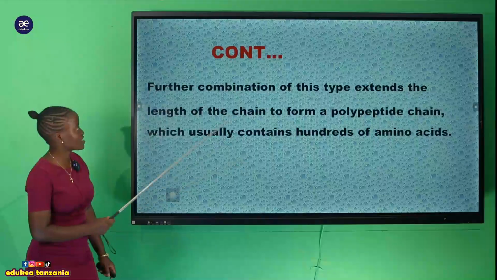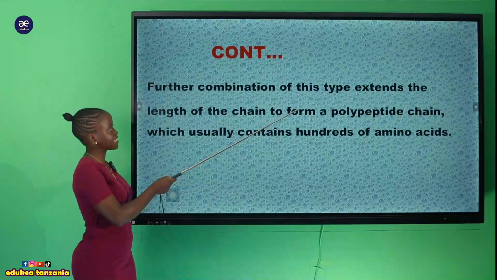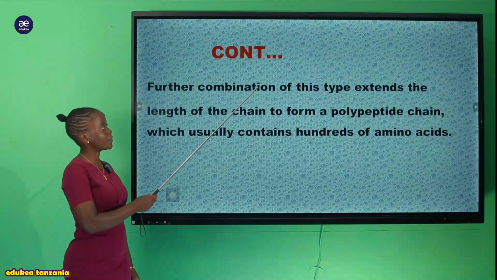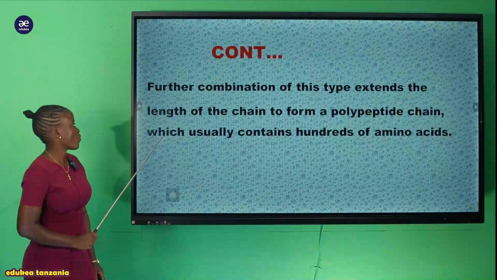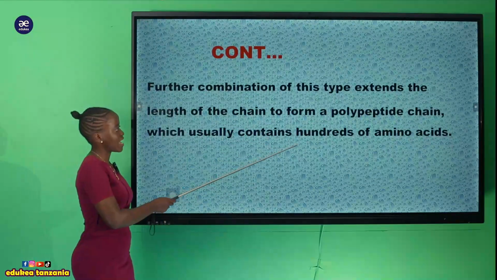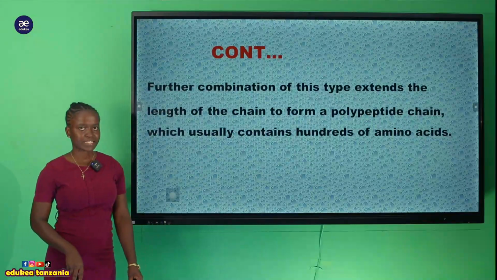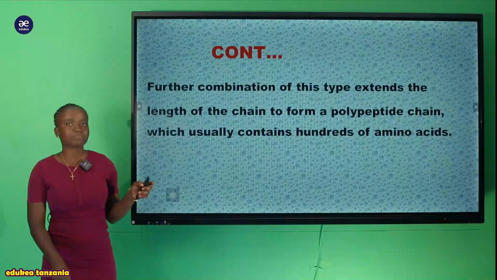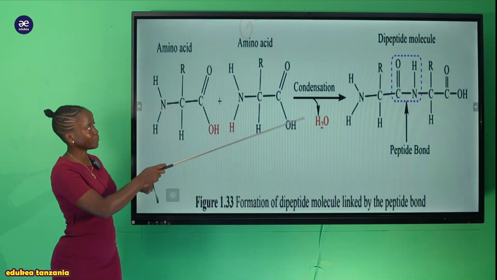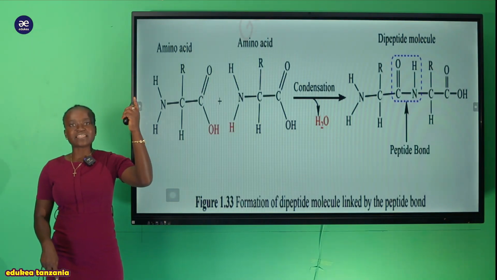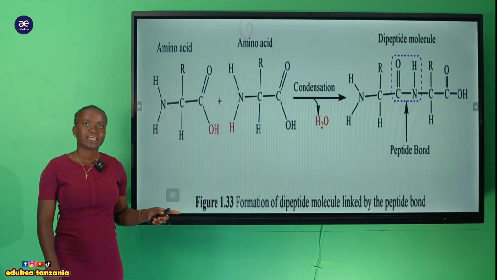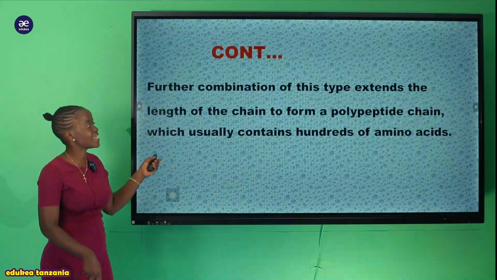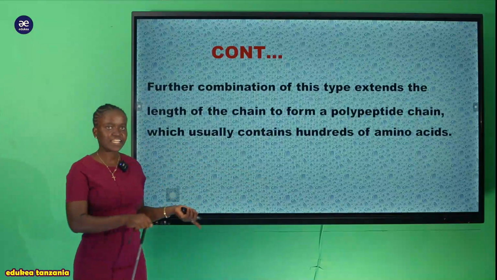So further combination of this type extends the length of a chain to form a polypeptide chain, which usually contains hundreds of amino acids. Kwa hiyo sasa ile dipeptide molecule ambayo tumeiona hapo ikiungana na another amino acid, ndipo ambapo sasa tutaenda kutengeneza polypeptide chain.